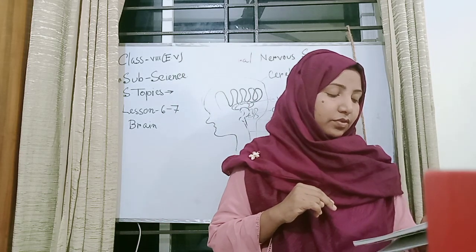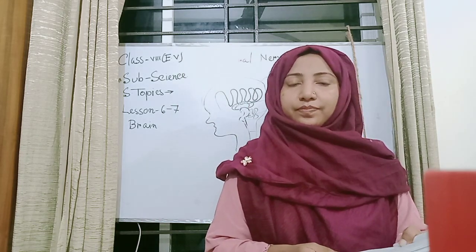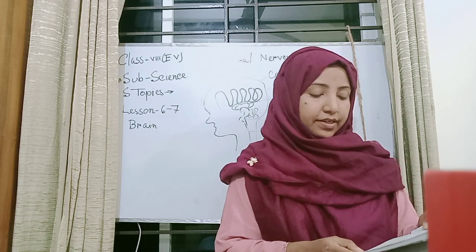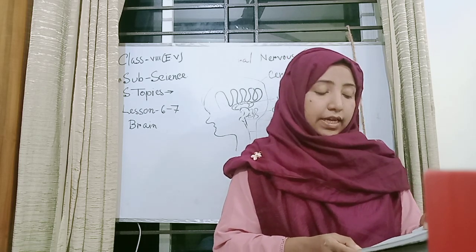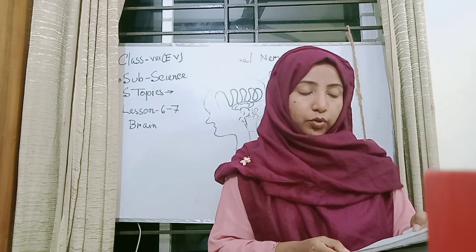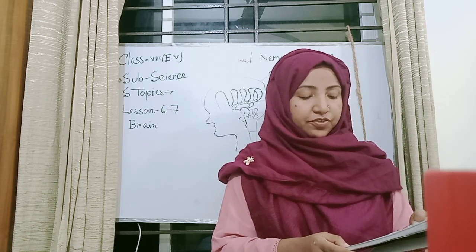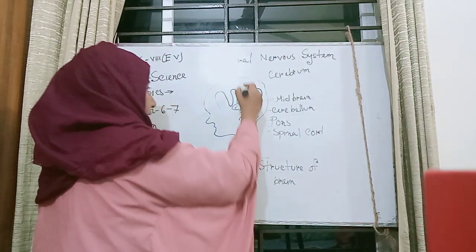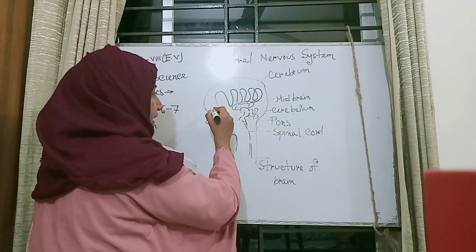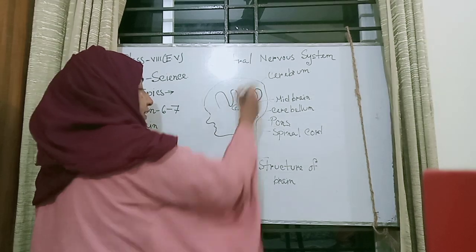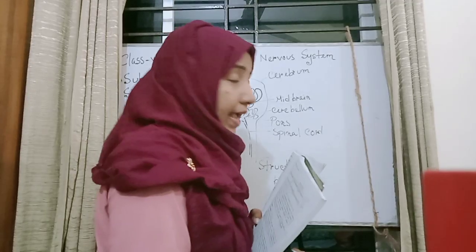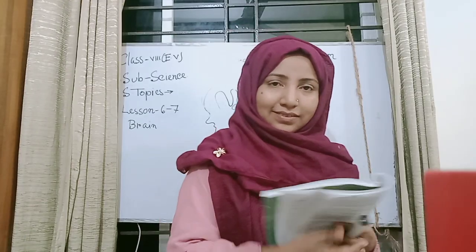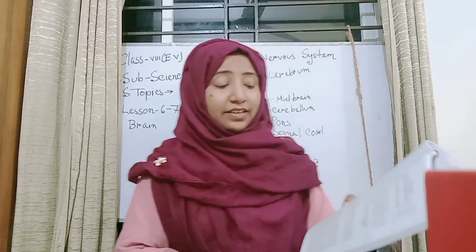Now, the cerebrum. The cerebrum is the main part of the human brain. It consists of 2 incompletely divided lobes, the right and the left cerebral hemisphere. When I divide this structure, there are 2 parts: one is the right lobe and the second is the left lobe.